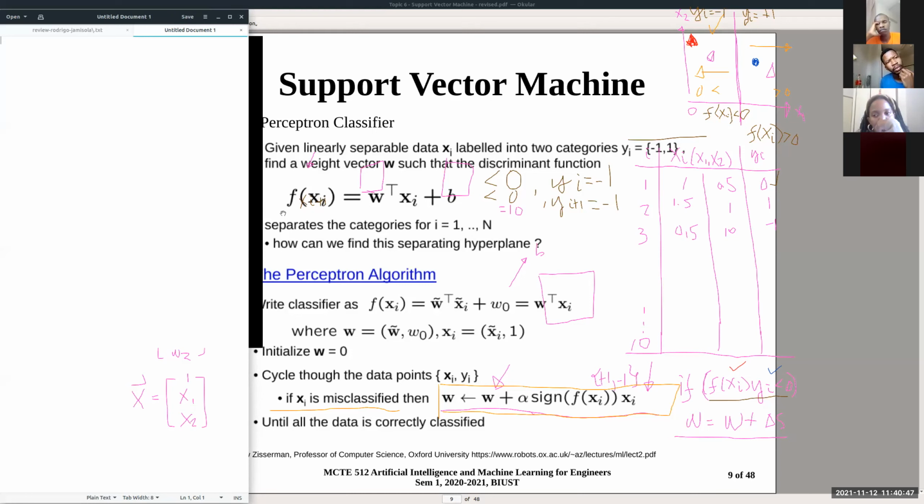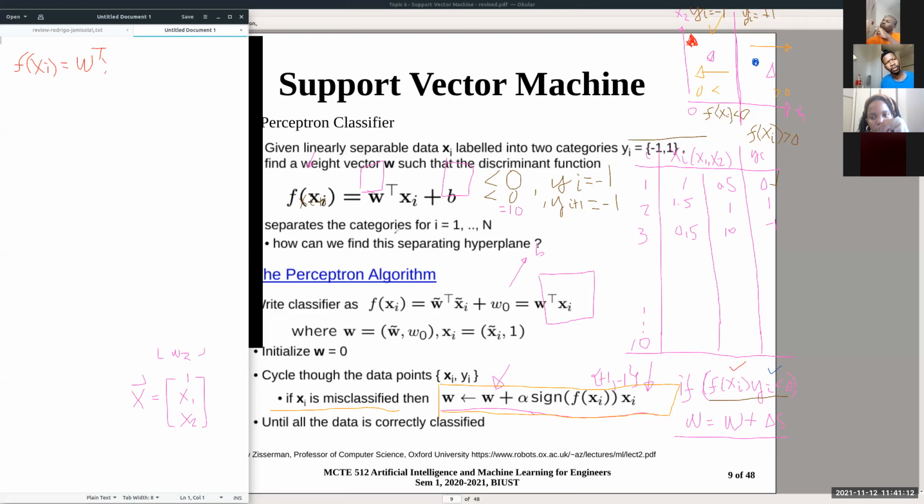This is just another way of writing that equation. We write that equation as f of xi equal to w tilde transpose xi plus b.